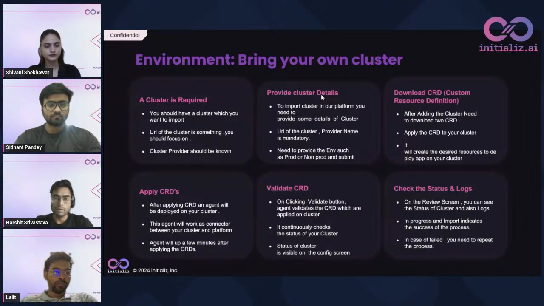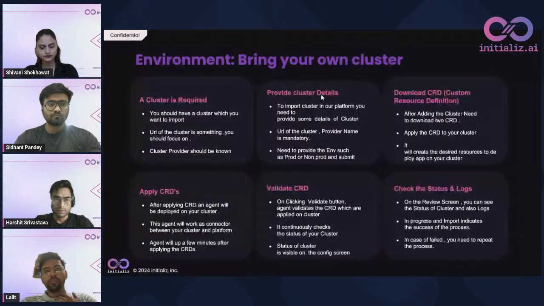When you use their Kubernetes service, you will be creating a cluster, and then you will be getting a kube config from there, where you will be getting the username and so on. These details are important when you are trying to import your cluster on our platform.